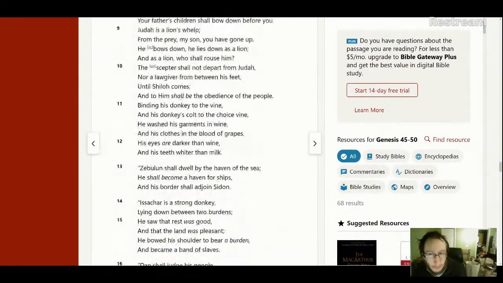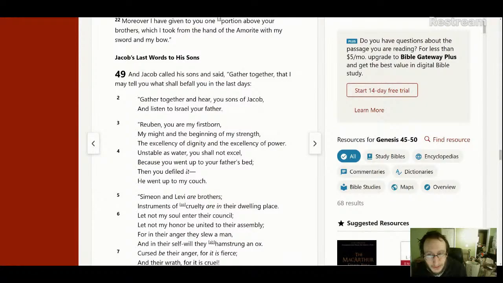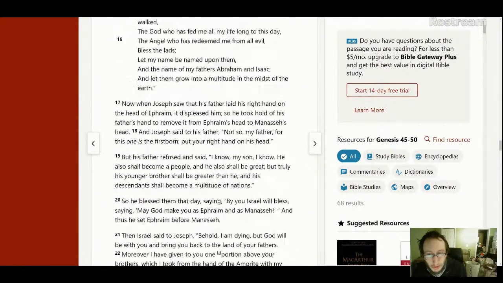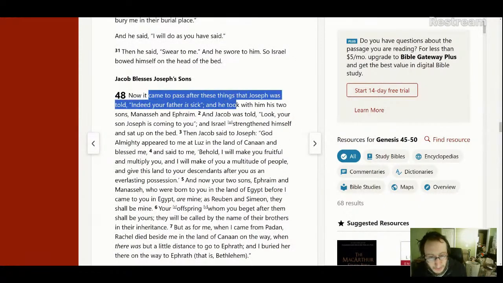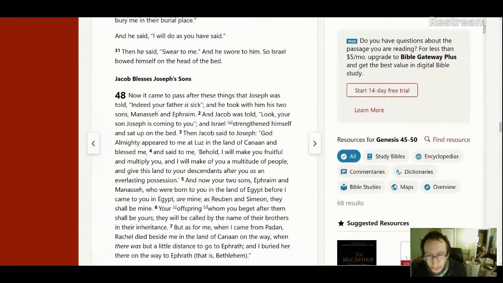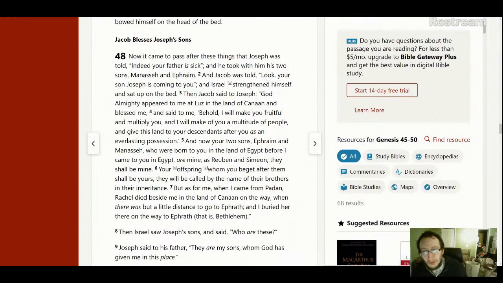Okay, so we have this section where Jacob called his sons and gave them this testament. But look at chapter 48. What happens in chapter 48? It came to pass after these things, Joseph was told, "Your father is sick." And he took with him his two sons, Manasseh and Ephraim. And Jacob was told, "Look, your son Joseph is coming to you."